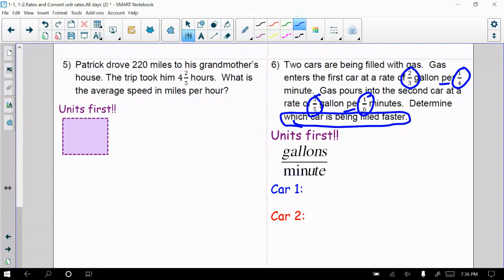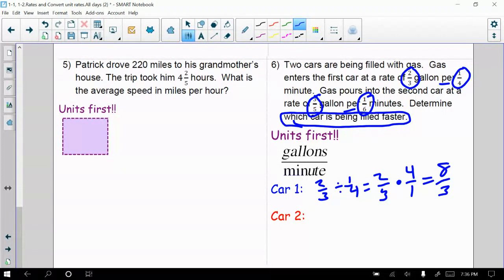Car 1, we said, was 2/3 gallons, and we are dividing that by our 1/4, which really means we're taking 2/3 times 4/1 with nothing to be reduced, so we get 8/3.